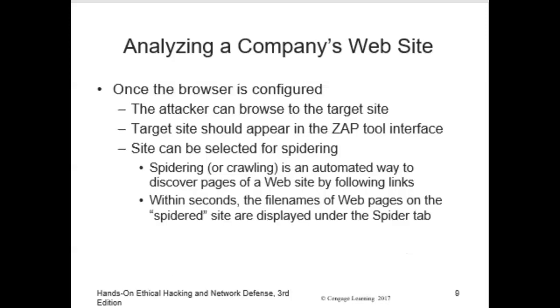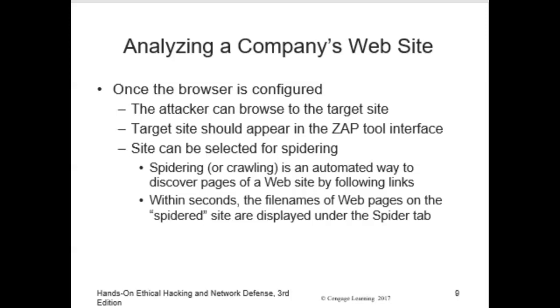Okay, continue with analyzing the company's websites. Once the browser's configured, the attacker can browse the target site, and the target site should appear in the ZAP tool interface. If you've downloaded it, that's up to you, your discretion. And the site can be selected for spidering, right, through this process.